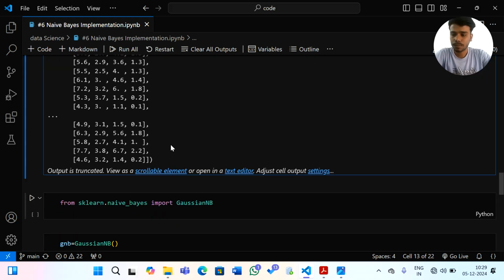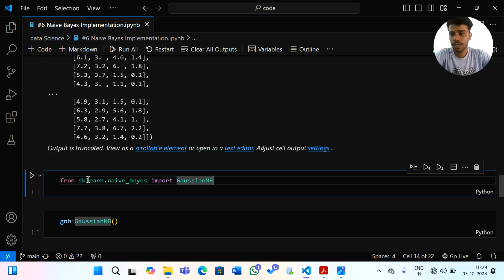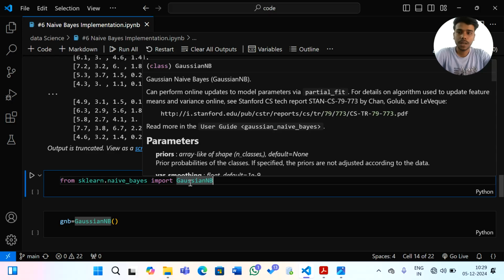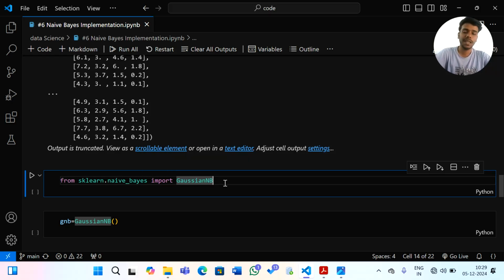Now using sklearn.naive_bayes, we are importing the GaussianNB class. The GaussianNB class is a special type of Naïve Bayes in which we assume that the dataset is in the form of a Gaussian curve, a bell-like curve.